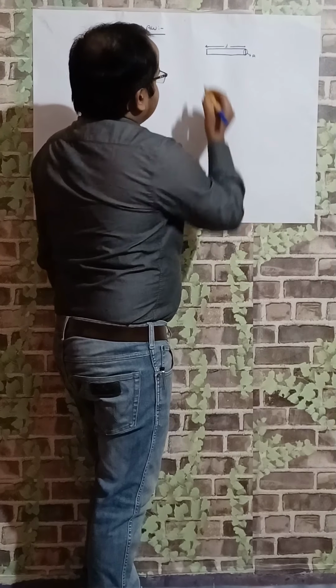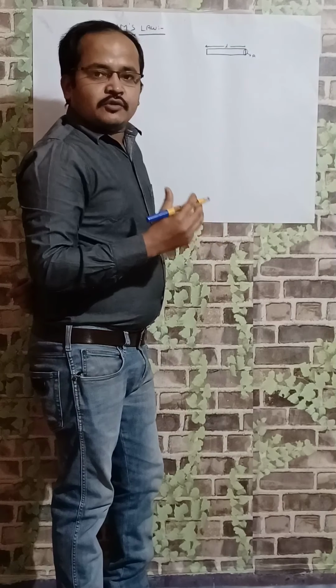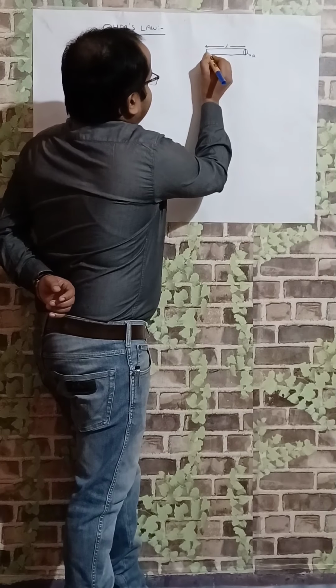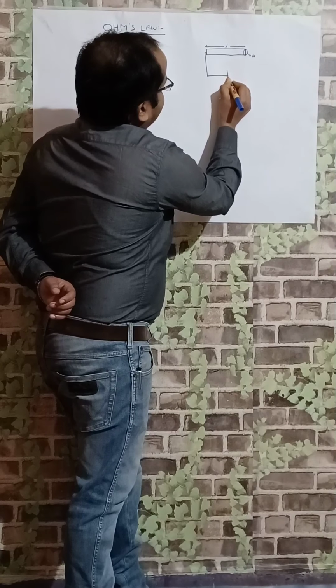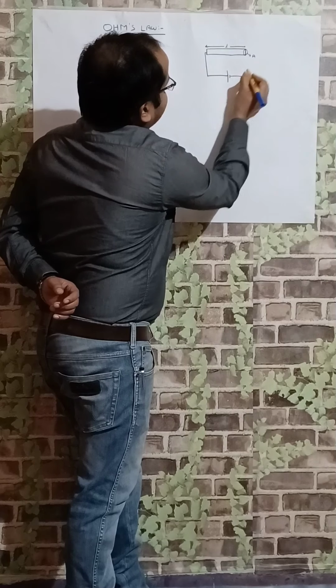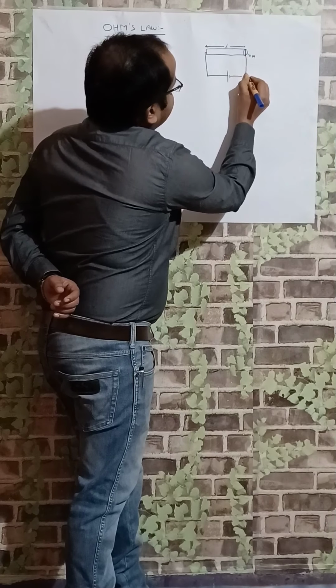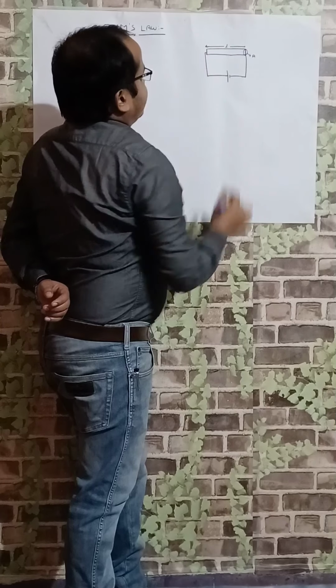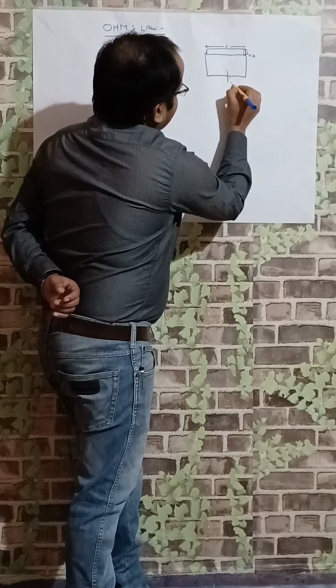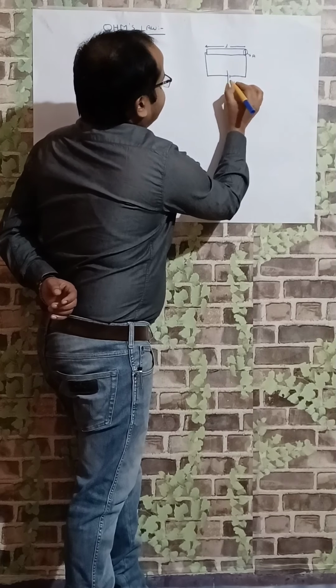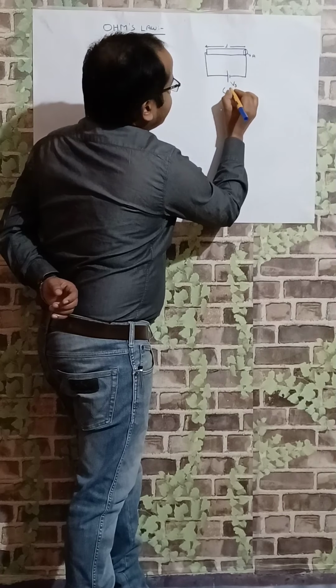Now let us apply some external power supply, an external battery, EMF, electromotive force, a source voltage, across this element. The source voltage is fixed. It is an external battery.